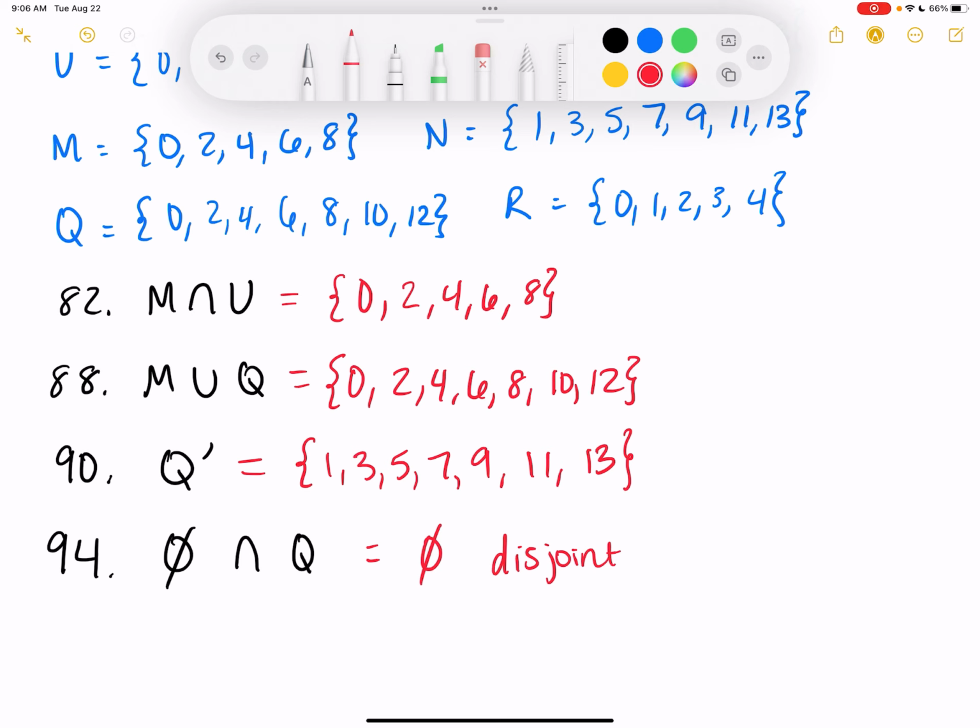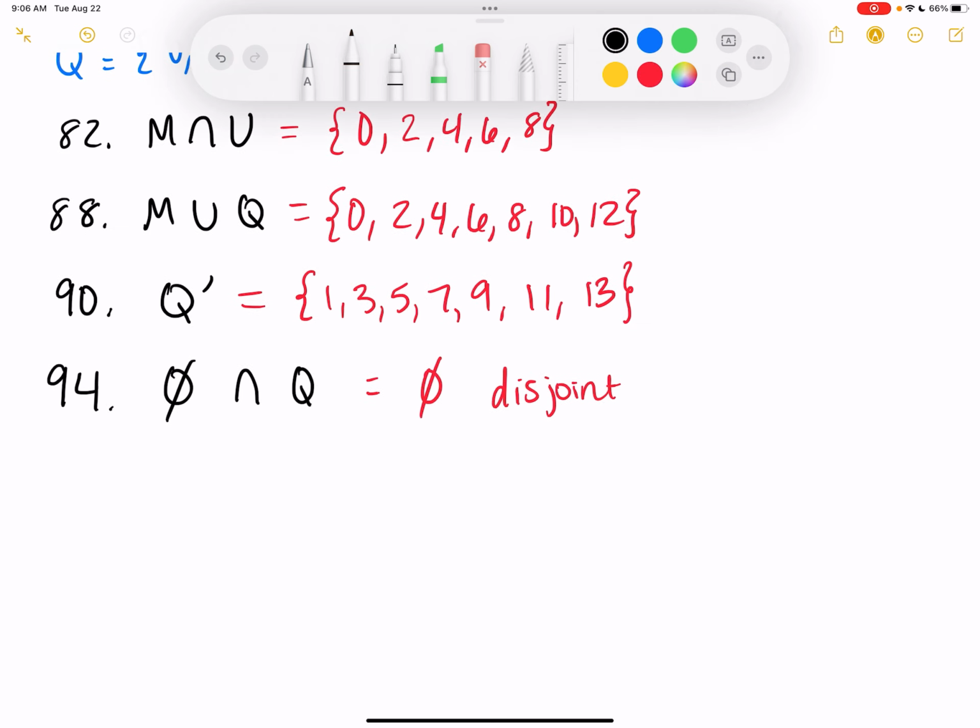All right, this last one is a little harder, so we're going to do this one in 2 steps. So number 100, we have R union N intersect with M complement.